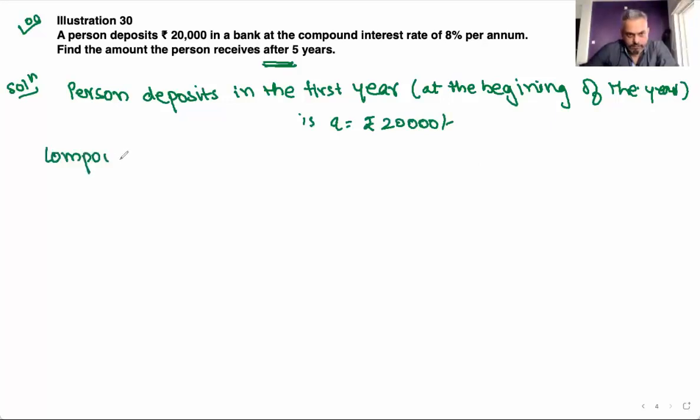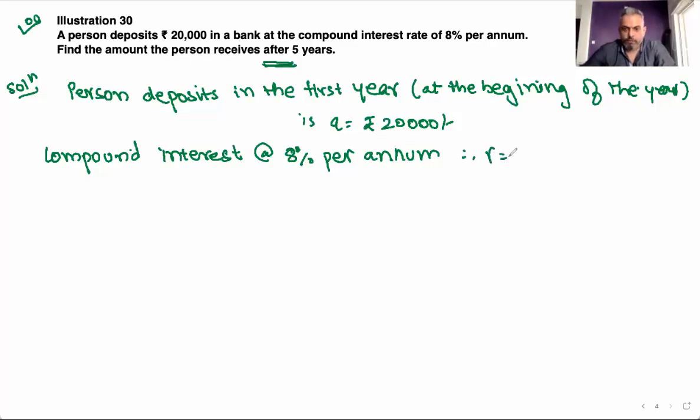Compound interest at the rate 8% per annum. So therefore R is equal to, that is, if in the first year you invest 100 rupees, then next year it becomes 108. So 108 divided by 100, which is equal to 1.08. So R is equal to 1.08.